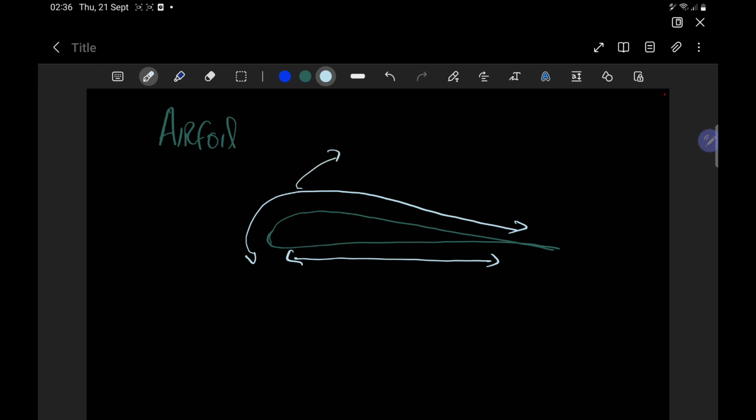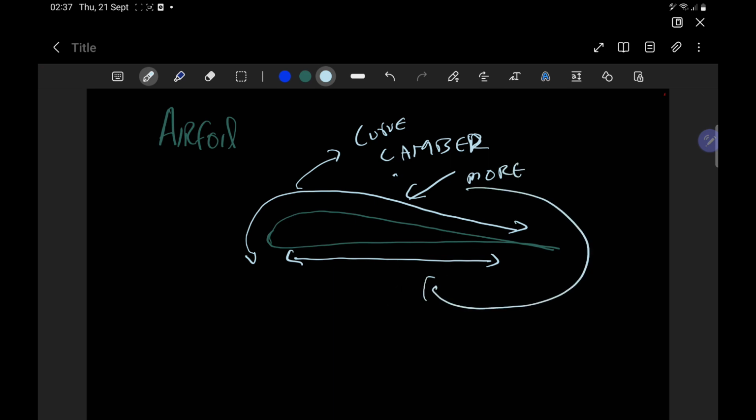This curvature of the wing is known as camber. So we can see that the upper camber is much more than the lower camber.